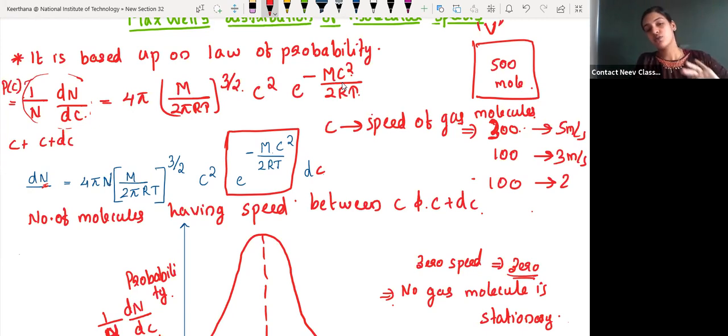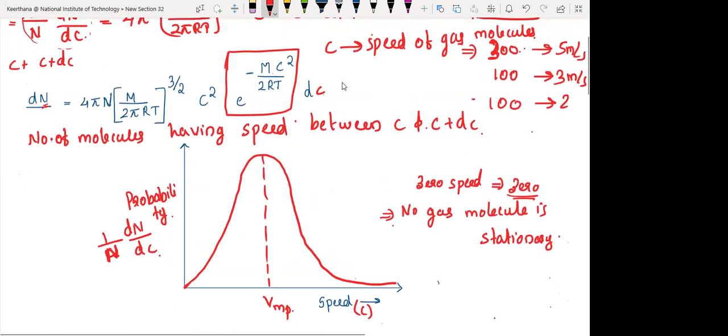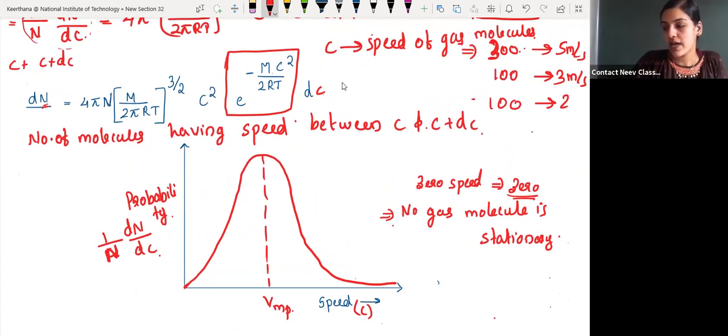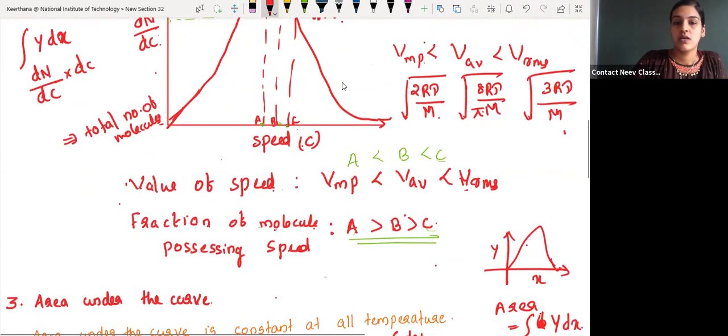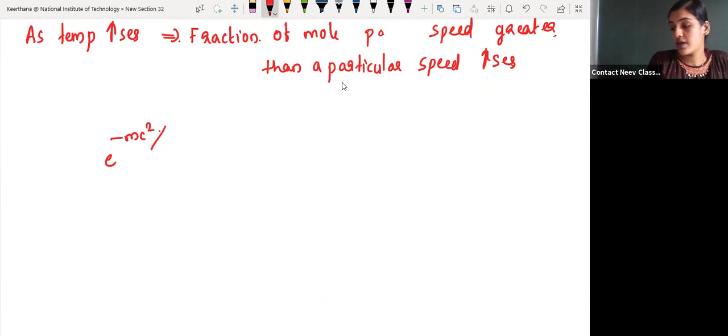You don't need to remember this equation. But if there is some objective question, like what does this factor e raised to minus mc square by 2kT represent, it is not in your syllabus, of course. It is called the Boltzmann factor.